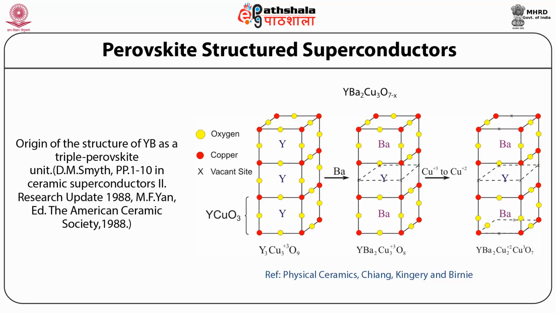So the barium is not completely replacing the yttrium positions. So one place yttrium is shown and the other two places barium is shown. When the oxidation or reduction occurs, so in the present case reduction is occurring, when the Cu3 plus is reduced to Cu2 plus, the compound which is formed is shown on the extreme right side.